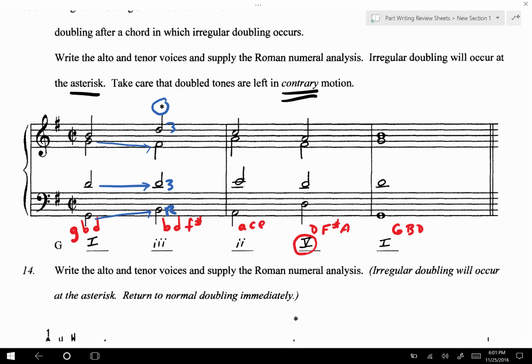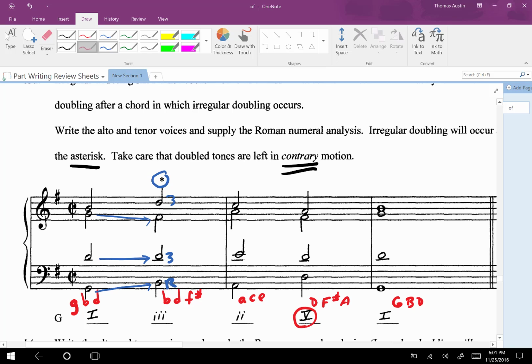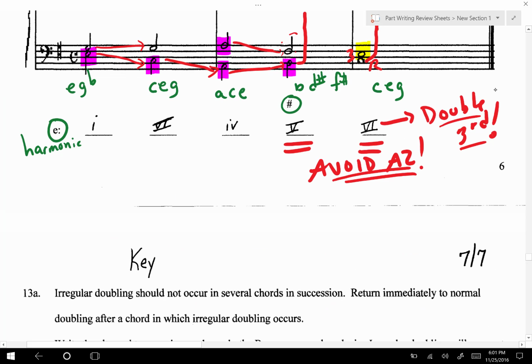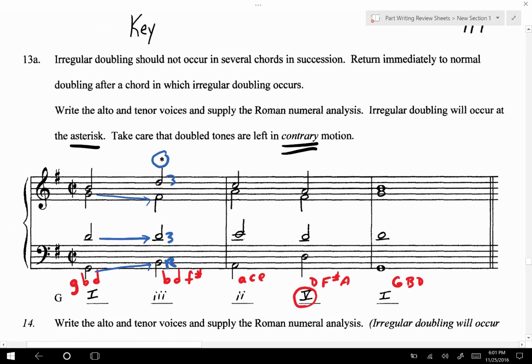Supposing I decided to put the soprano here, then it would be normal doubling. But since the given note was the D in the soprano, that's why we have irregular doubling there. So it does happen.